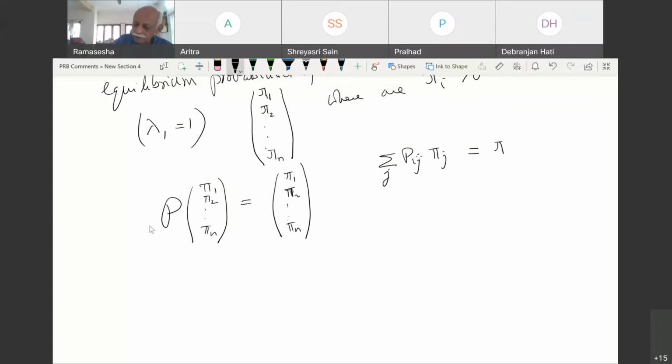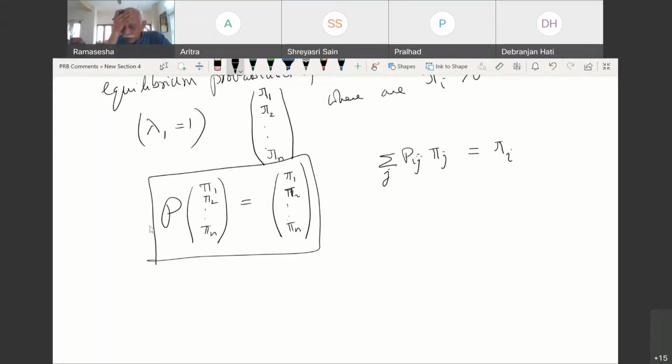What it means is that even if you keep repeatedly making these jumps from state i to state j, the equilibrium properties don't change. That's exactly what you mean by an eigenfunction or an eigenvector.